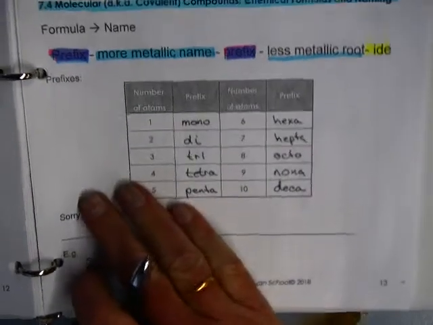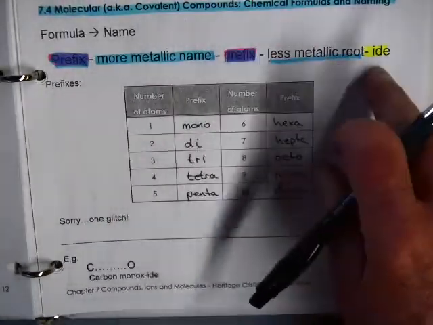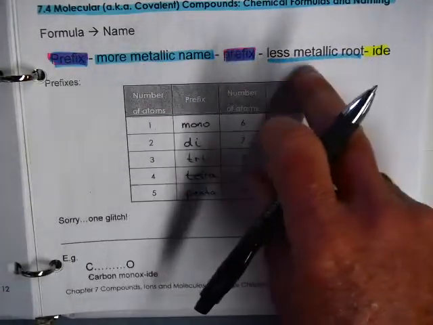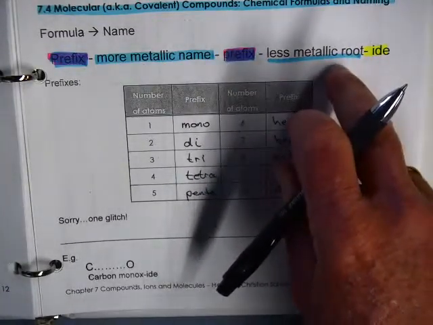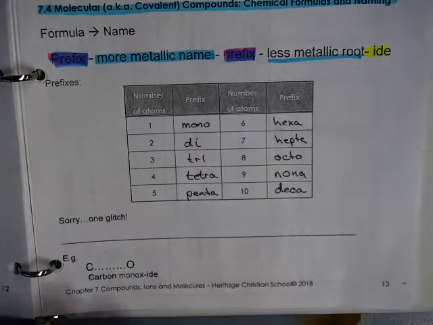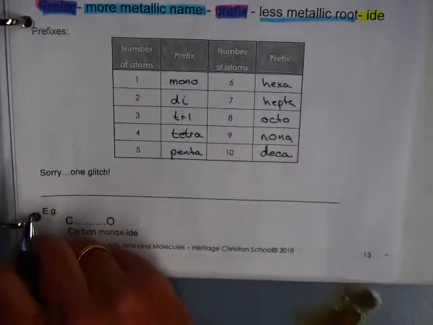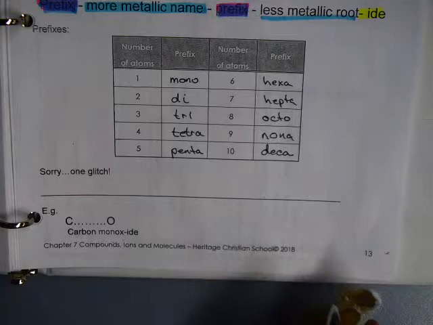Now this is the rule that you follow when you're dealing with non-metals. There is one glitch though. You can see at the bottom here. Here's the glitch, and you need to write this out.